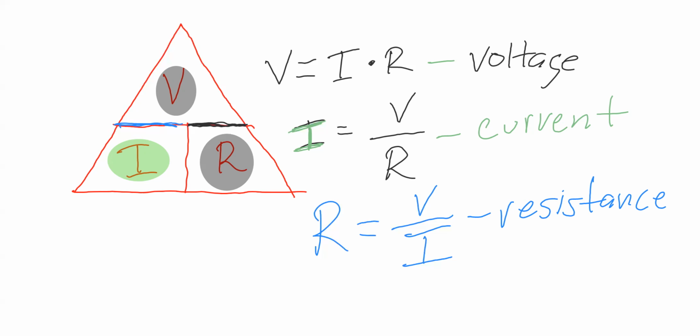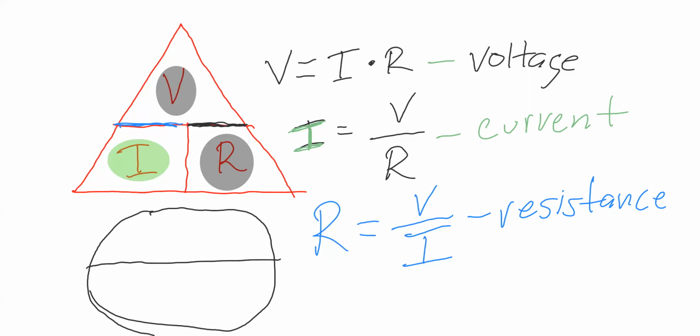There also may be other occasions that your instructors or whoever's teaching you this concept will draw a circle, and instead of a triangle, they split it up in this manner, but still the same thing. We have voltage at the top, current at the bottom, and resistance.